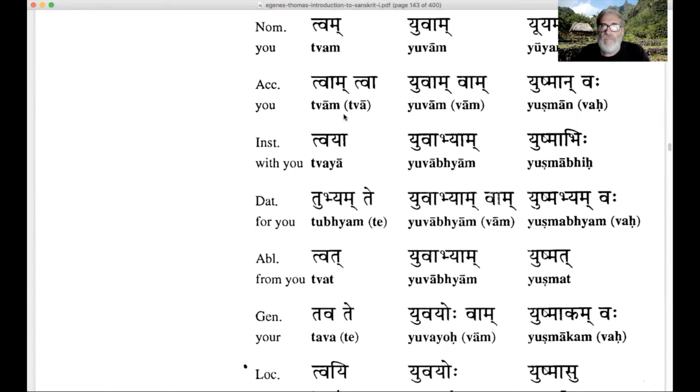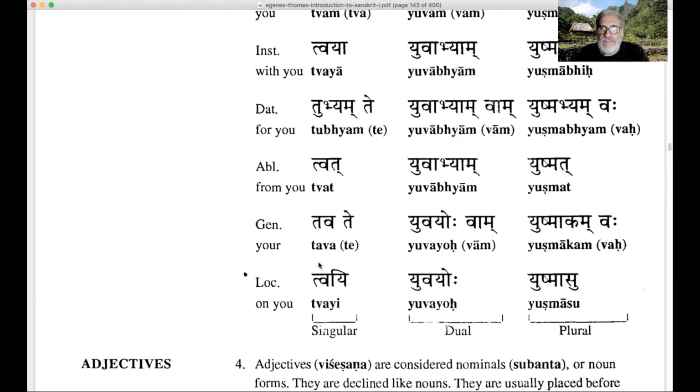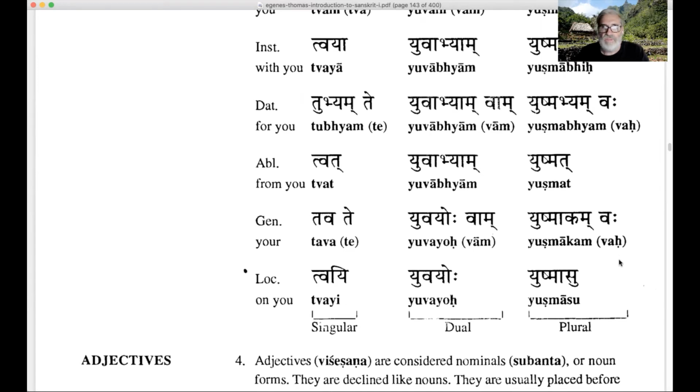In the accusative, tvam becomes twa, yuvam becomes vam sometimes, yushman becomes vaha. In the dative, tubhyam can become te, yuvabhyam becomes vam, and yushmabhyam becomes vaha sometimes. And in the genitive, tava becomes te, yuvayoho becomes vam, and yushmakam becomes vaha sometimes.